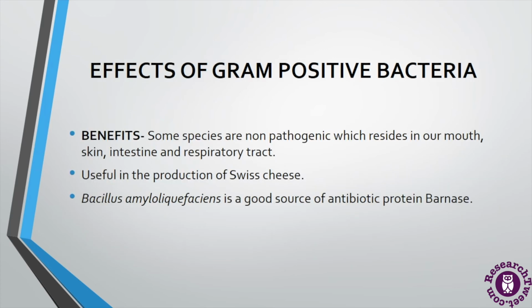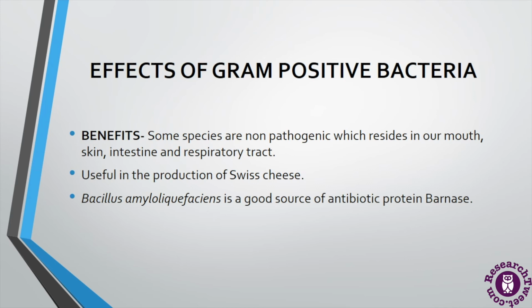So now let's discuss the effects of gram-positive bacteria. These bacteria can affect us in both ways. They can have some benefits and can also cause several diseases in humans. Let's first discuss the benefits of gram-positive bacteria for humans.